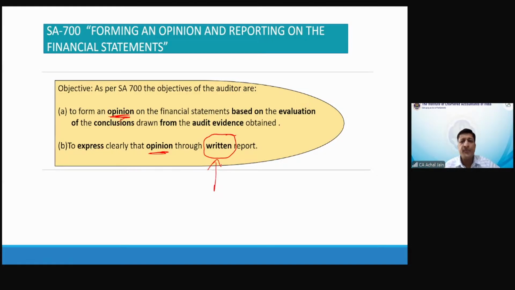Okay. So if the auditor has completed the audit, the auditor can't say that I'll just go and provide this report orally. Yeah. That is not acceptable. Okay, that doesn't work. That would be inappropriate on the part of the auditor. Okay, clear?